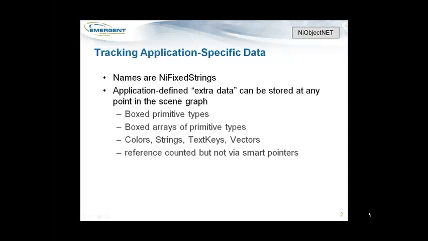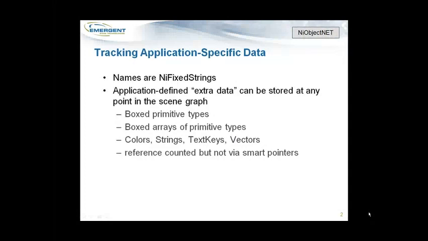This means that NiFixedStrings can be compared very quickly with a pointer compare, but they are very slow to be built. So ideally you want your application to create NiFixedStrings only when necessary. But comparisons can be done cheaply, which means we can traverse a scene graph quickly looking for a particularly named node.